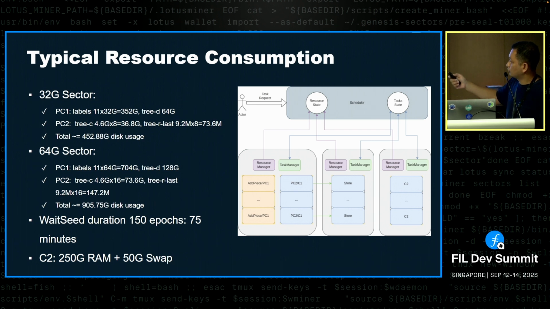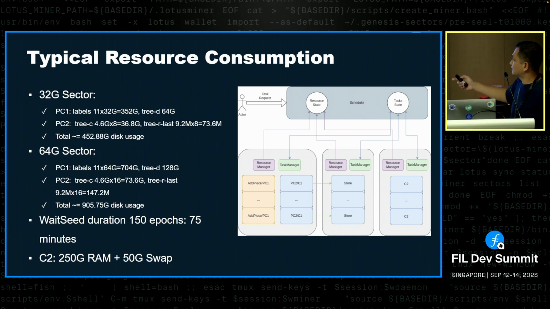And the total disk consumption will reach 455 and 52 gigabytes. And the similar case for the 64 gigabyte sector will have huge disk consumption. And C2 needs at least 450 gigabytes of RAM consumption and some swap to assist.